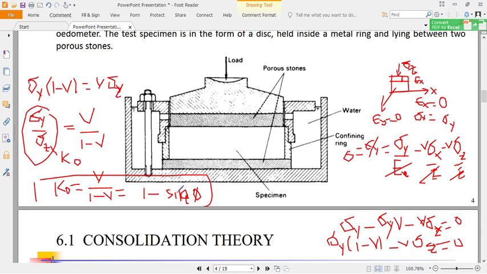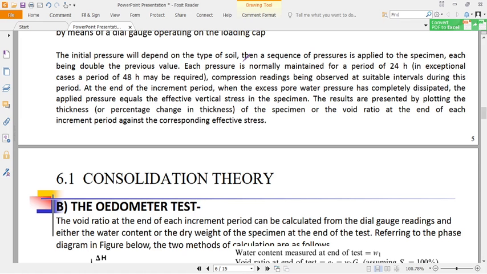Therefore, the initial pressure will be determined on the cell and will depend on the type of soil. Then a sequence of pressure is applied to the specimen, each being double the previous value. Each pressure is normally applied for 24 hours. In some exceptional cases, more than 24 hours may be required.